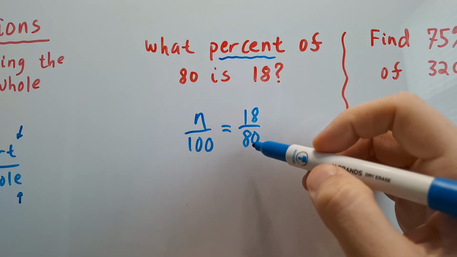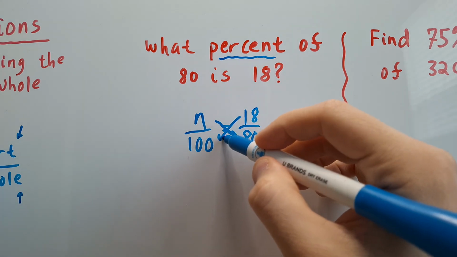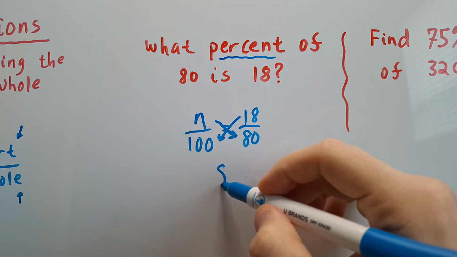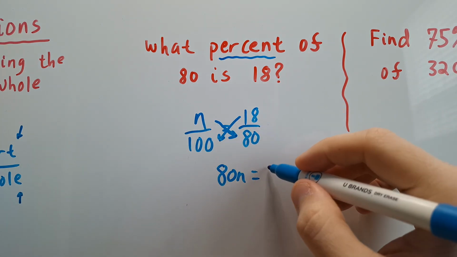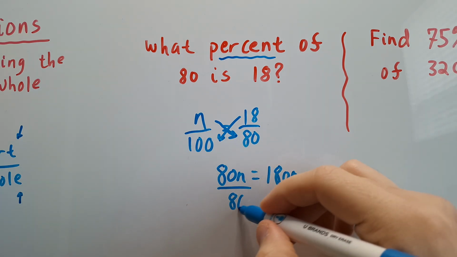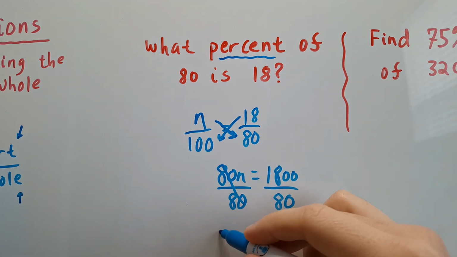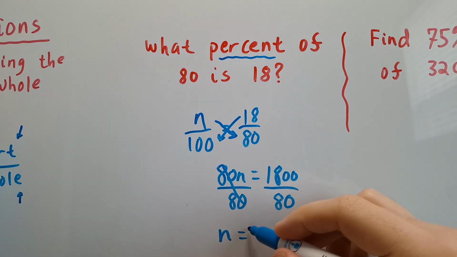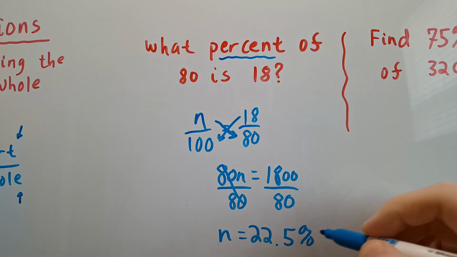So we can solve this using cross multiples. N times 80 equals 100 times 18, which is 1,800. Dividing. My answer here will be a decimal, and that's 22.5%.